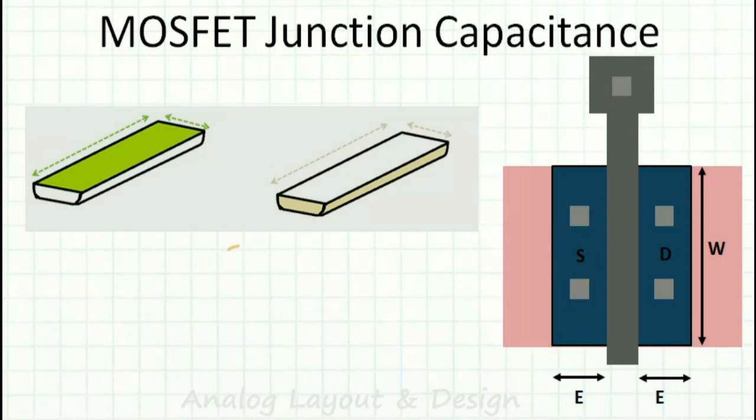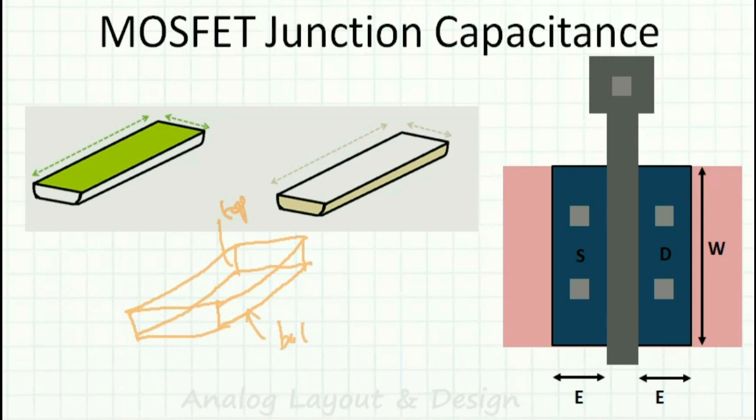If you see, this will be something like this. This is the top surface, this is the bottom surface, and these are the side surfaces, or side walls, I will call them. Four side surfaces are there, plus the top surface and bottom surface.